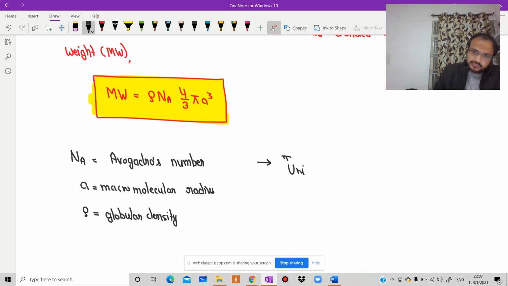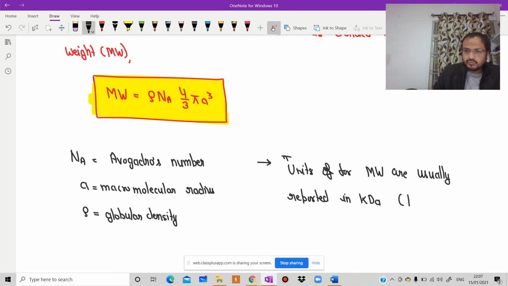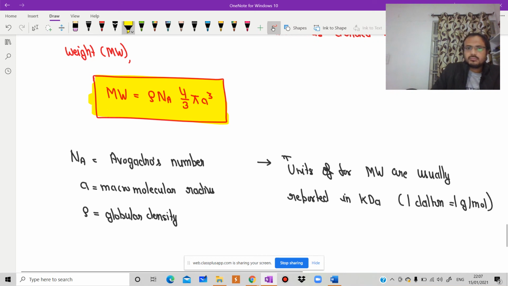Units of molecular weight are usually reported in kDa. Write up: one Dalton is equal to 1 gram per mole. Happy?